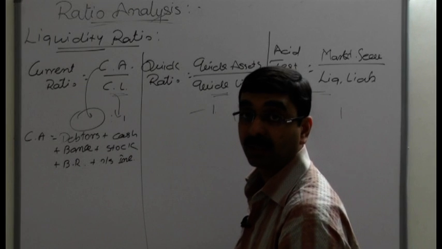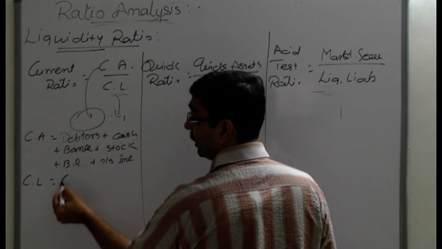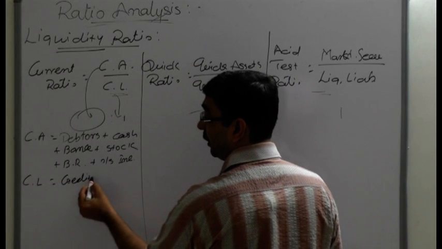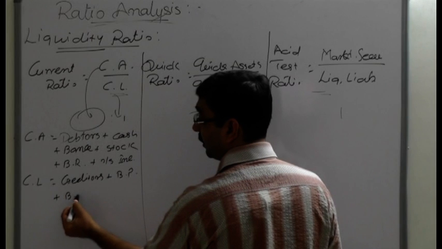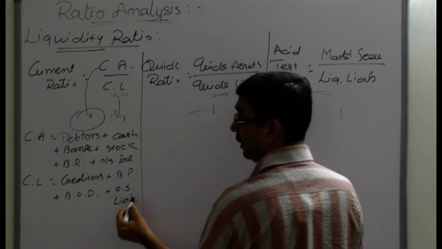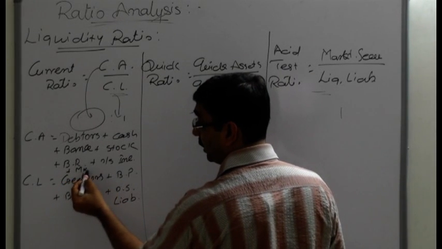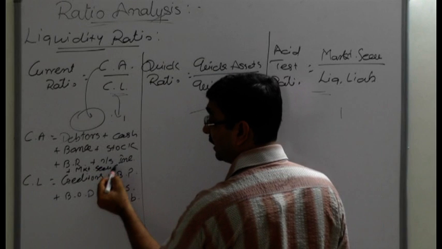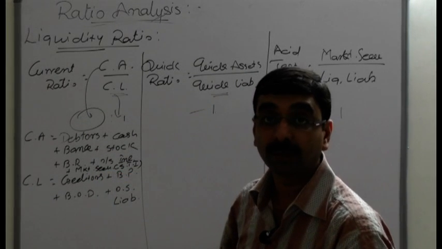This would be considered under the heading of current assets. Current liabilities include creditors, bills payable, bank overdraft, and any outstanding liabilities. One more thing you can consider is marketable securities like short-term investments, which are also considered under current assets.